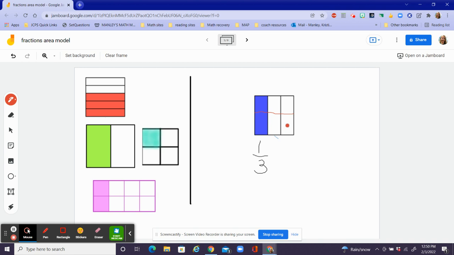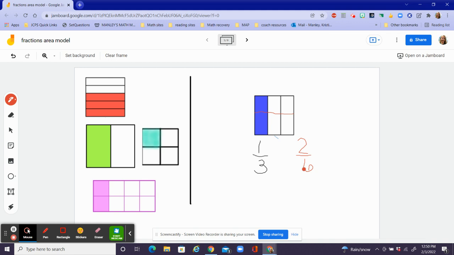So now my whole is divided into 6 pieces, which means those are called sixths. Now, I'm still focused in on the blue. So how many of my sixths are blue? Well, here's 1/6, 2/6. So I would say 2/6 is blue.